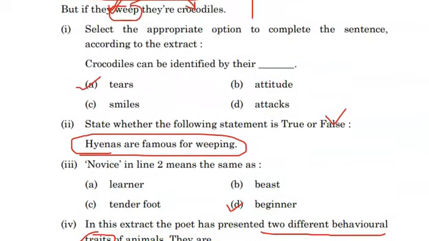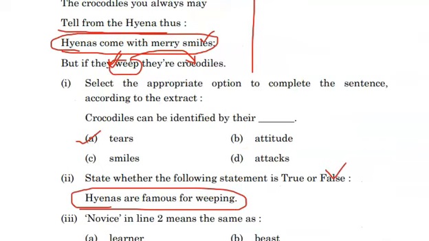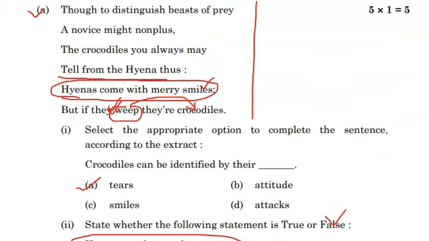Your answer should be: the two behavioral traits that have been presented by the poet are, number one, smiles, that is associated with hyenas, and weeping, that is associated with crocodiles. So smiles and weeping will be your answer.